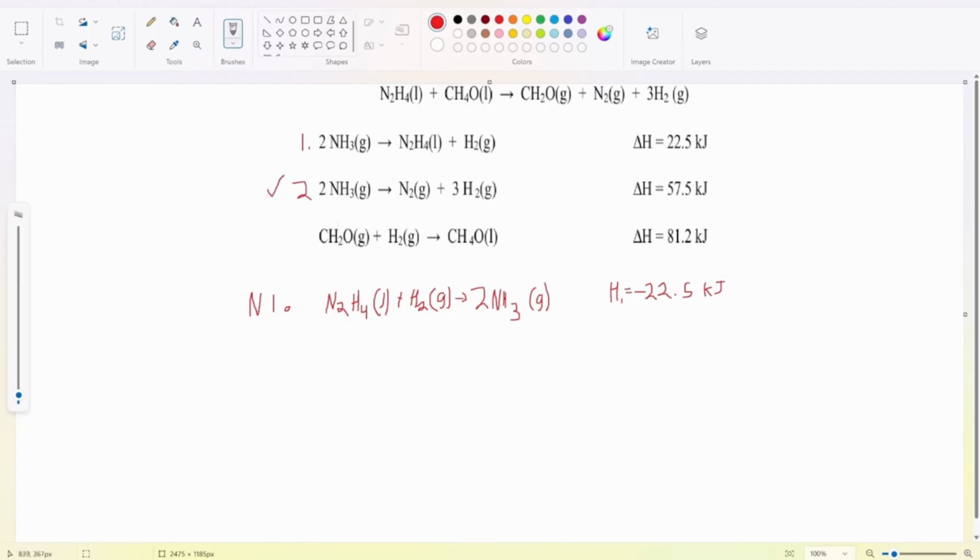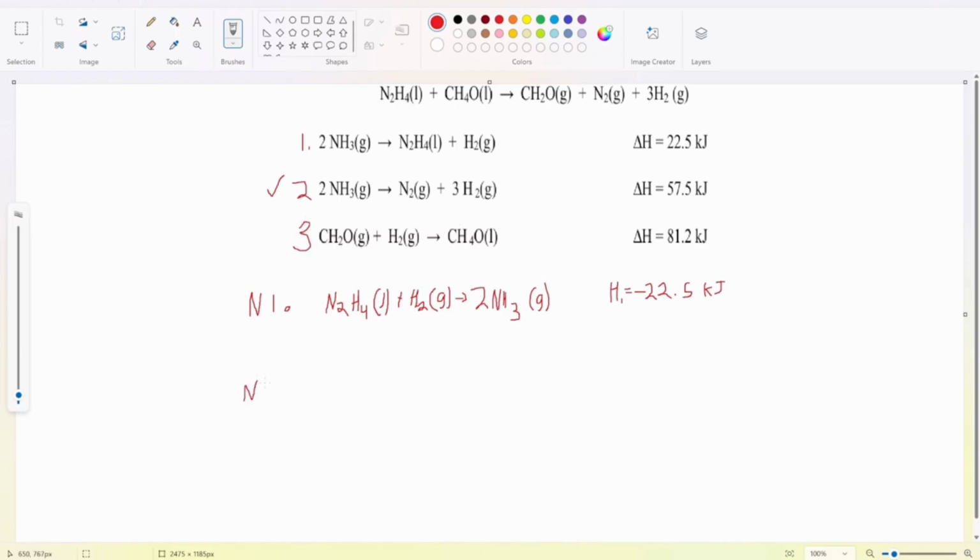And then the last one, CH2 plus H2 goes into CH4O. As we can see, we need the CH4O and we need the CH2O, and they're both on the wrong sides. So what does that mean? We have to flip it.